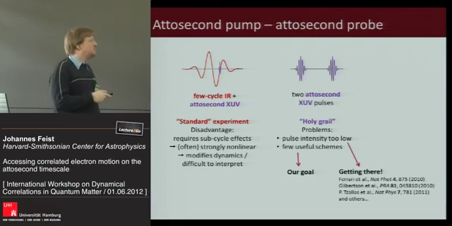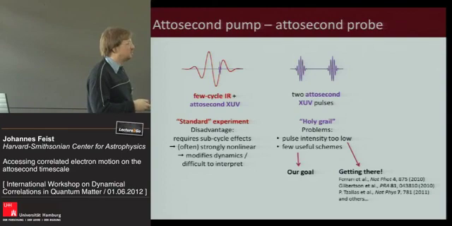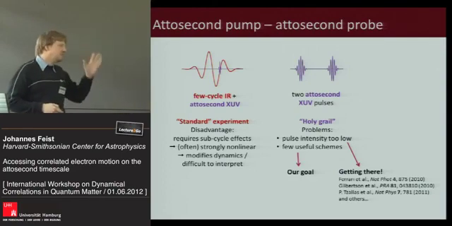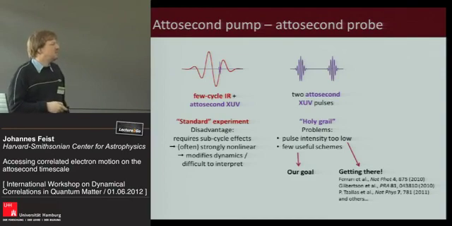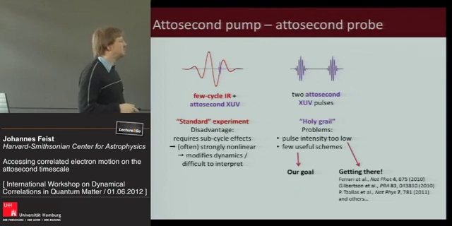So the first part, the pulse intensities being too low, that's what the experimentalists are working at, and there's quite a lot of progress there. In fact, just last year there was already a first paper doing, not attosecond, it was around 1 femtosecond, but still pump probe in argon.